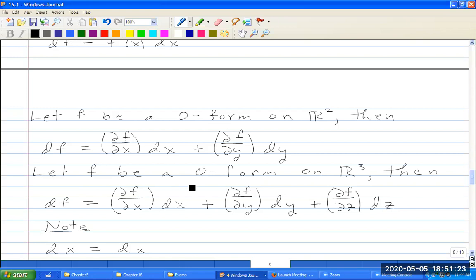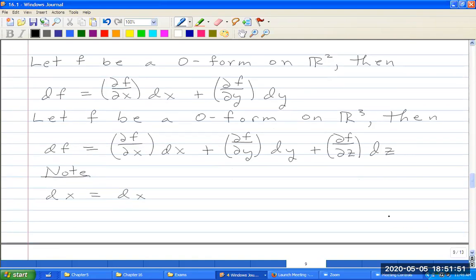Let F be a zero-form on R^3. Then the exterior derivative of this zero-form on R^3 is just the partial of F with respect to x dx plus the partial of F with respect to y dy plus the partial of F with respect to z dz. Again, this is just the total derivative.